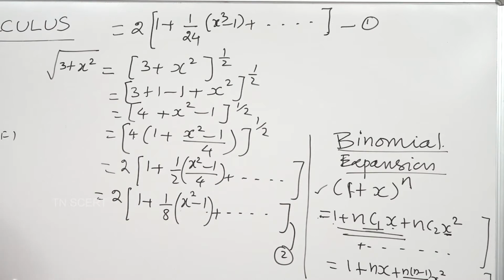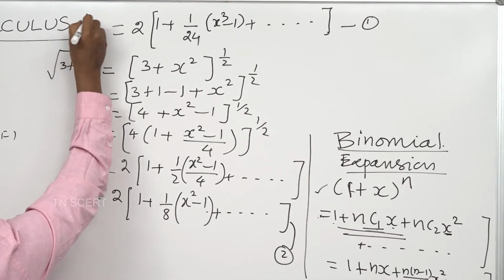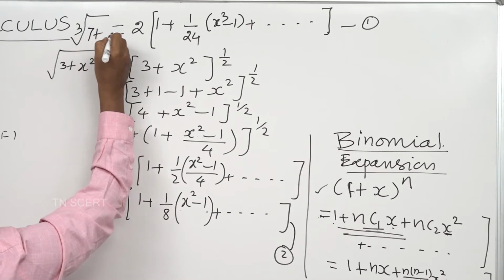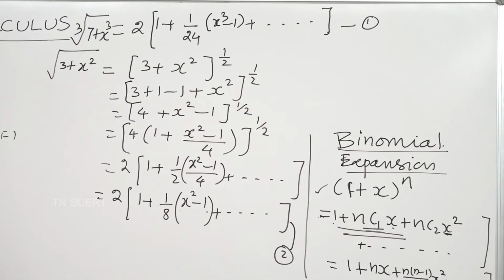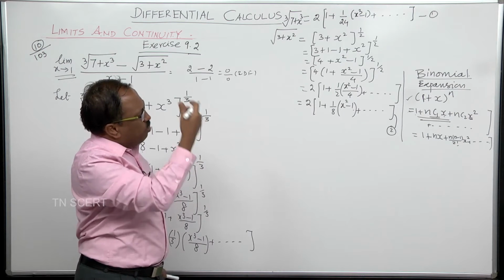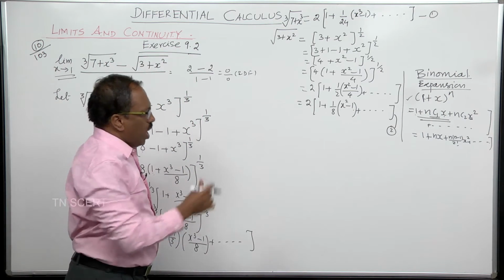Already we had 1 for the value of cube root of 7 plus x cubed, and we have just written that, and for that this. So you add up both. Let us see. You take the problem here now. You add up first.